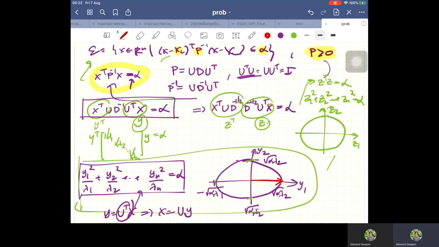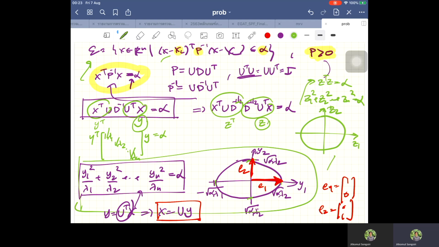The principal axis of the ellipsoid in y is actually the standard unit vector e1, and here is the standard unit vector e2. What is e1? e1 is (1, 0), e2 is (0, 1). So to go back to x, we use this relation that we just derived, x equals uy.